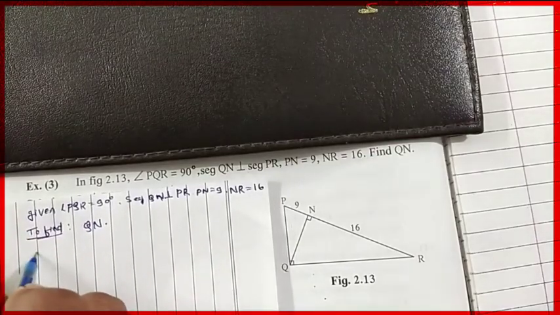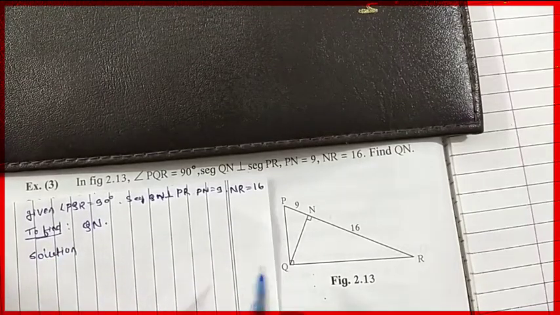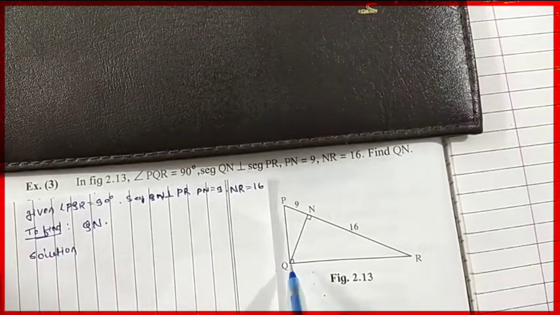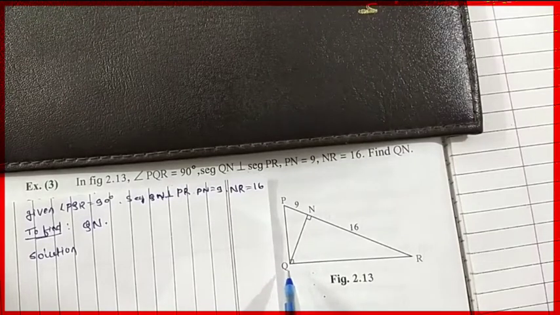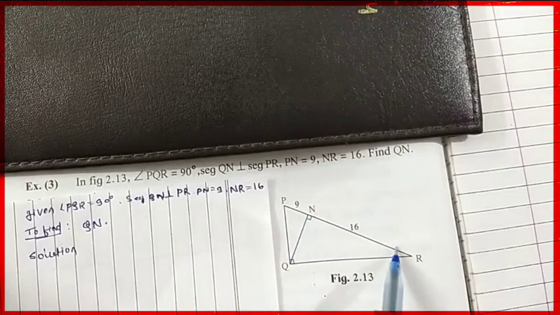So now solution. See, it is nothing but the vertices, and we have drawn perpendicular on the hypotenuse.